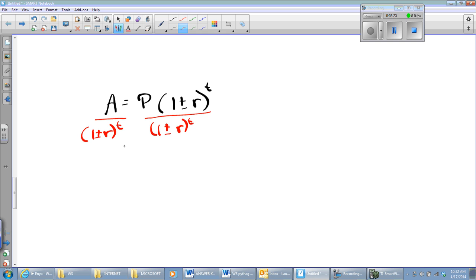And so then P ends up equaling this equation, A divided by 1 plus or minus R to the power T, right? Don't let all the variables mess with you. It's not a big deal.